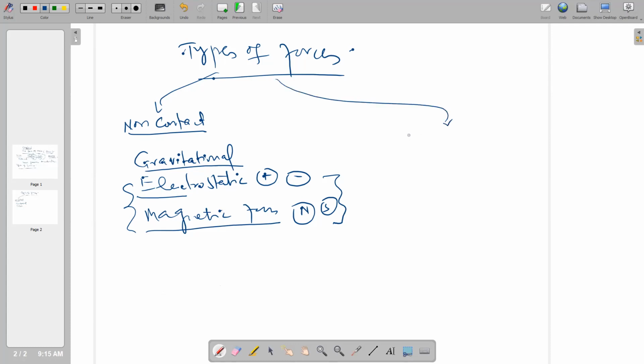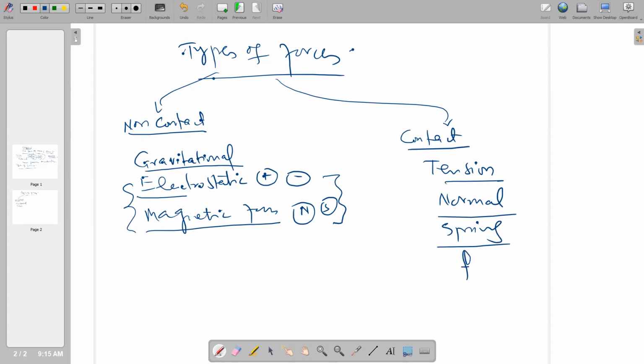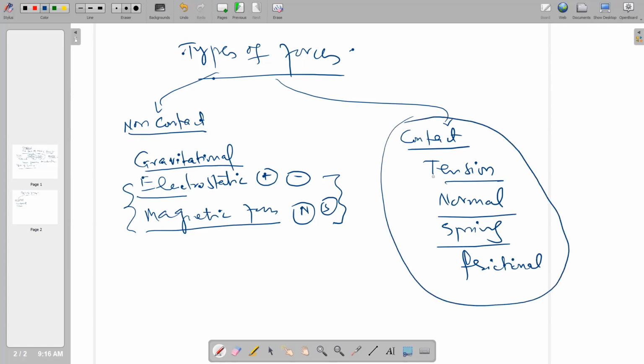Then we have another type of forces, that is contact forces. In contact forces, we will study in this chapter the tension force and normal reaction force. And then in the next chapter, we will study the spring force and then frictional force. All these forces are called contact forces.